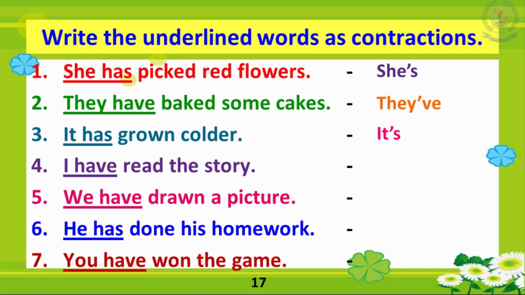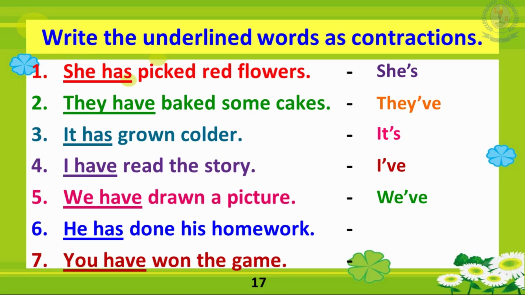It's grown colder. Then what's the contraction of I have? Yes, very good. I've. I, apostrophe, V-E. I've read this story. Then what's the contraction of we have? Yes, very good. We've. We, apostrophe, V-E.